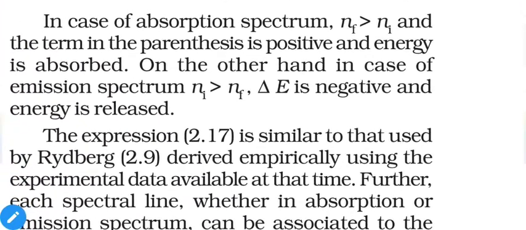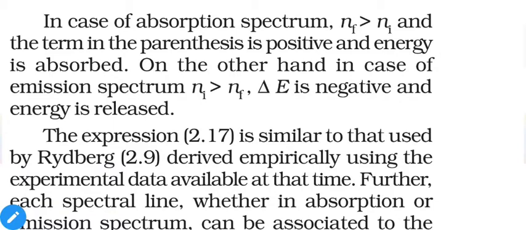In case of absorption spectrum, if n final is more than n initial, that means the orbit before transfer is comparatively lower in number than after transfer, and the term in the parenthesis is positive and energy is absorbed.